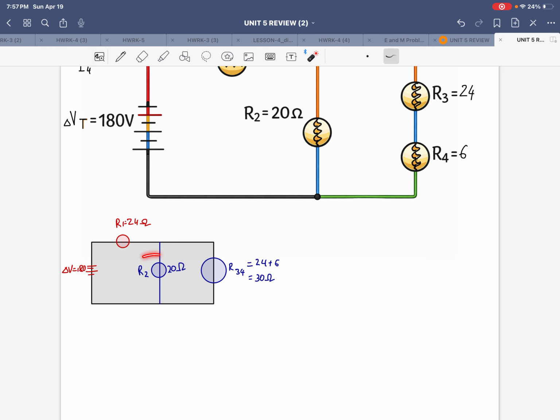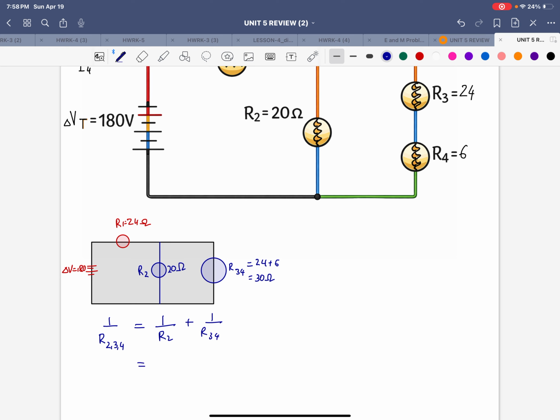So in order to add these two resistors here, which is going to be 1 over R, because it involves resistors 2, 3, and 4, the total of 2, 3, 4 can be denoted by R234 is equal to 1 over R2 plus 1 over R34. So R2 is 20, so 1 over 20 plus 1 over 30.